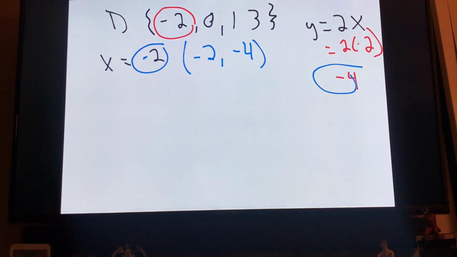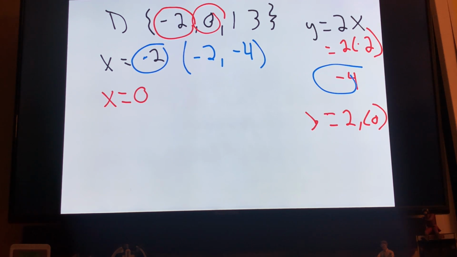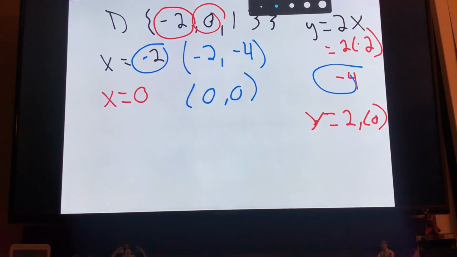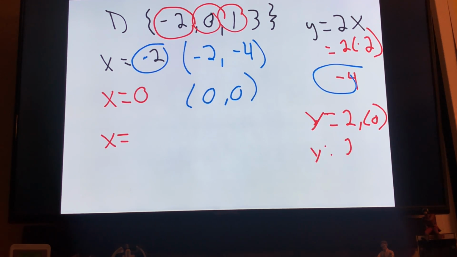Same concept. We look at the 0 for X, so X equals 0. Now Y equals 2 times 0. And what is that? It's 0. So for this ordered pair, it's 0, 0. For the next, we have 1, so X equals 1. Now Y equals 2 times 1. So what does that give us?